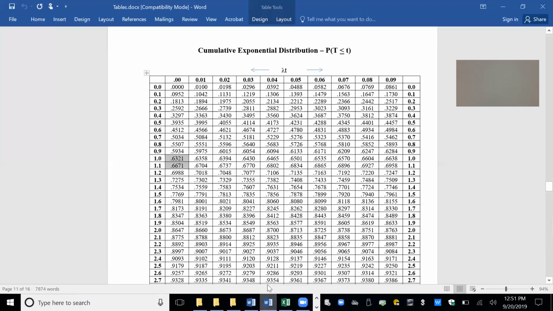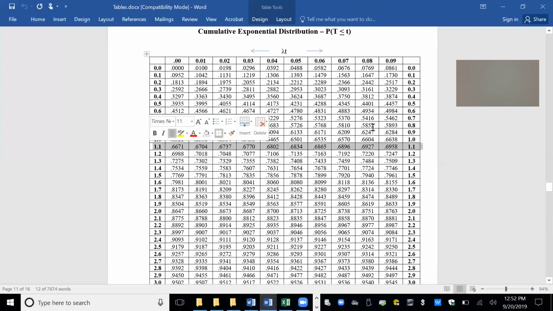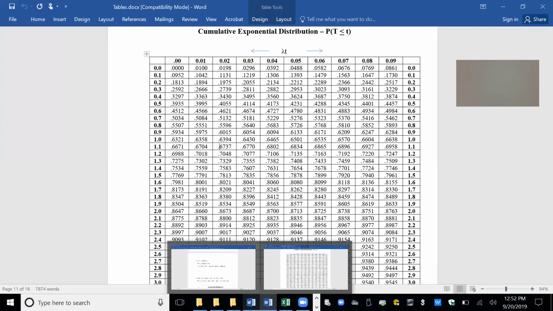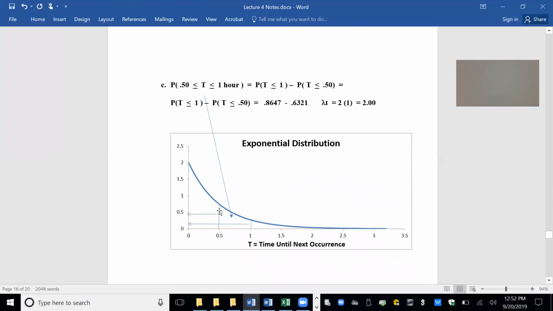We head to our table, and here I go with 1.1. That gets me to this row: 1.10, 1.11, 1.12. There it is right there, 1.12. It is 0.6737. That's how we use the table for the exponential.